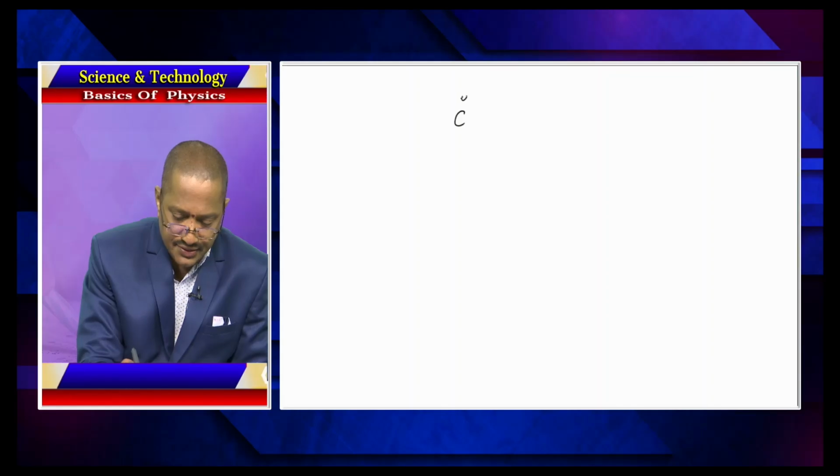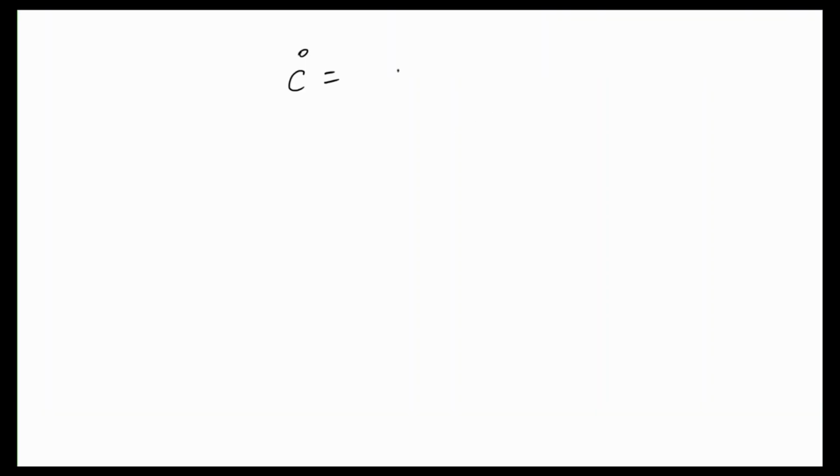Okay. So now we have to take the relation once again, degrees Celsius is equal to 5/9 (F - 32). And 0 degrees Celsius is 273 degrees Kelvin.